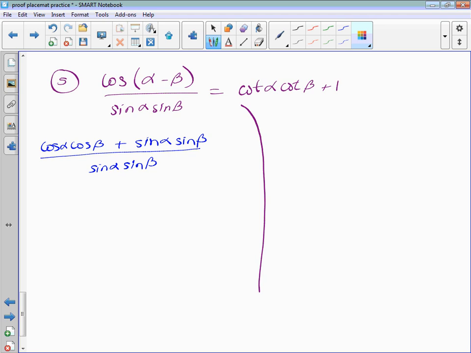So you get cosine alpha, cosine beta over sine alpha, sine beta, plus sine alpha, sine beta over sine alpha, sine beta. You guys with me? Just splitting up the fraction, making 2 fractions out of it.